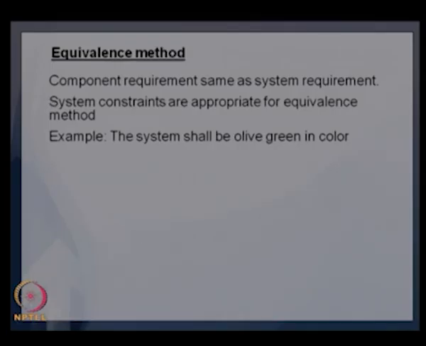So, what we do here is use the equivalence method to allocate constraints to the components. Basically, if you look at a requirement like the system shall be olive green in color, then we need to make sure that all the components are of the same color. So, this is known as a simple equivalence method of allocation.